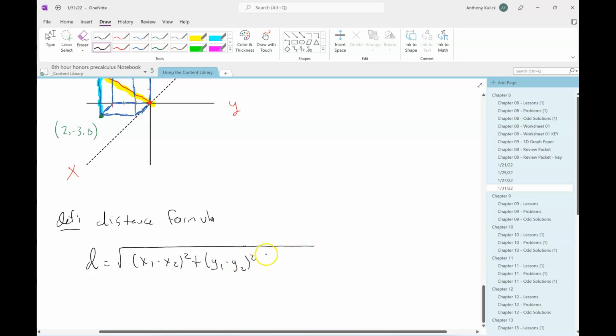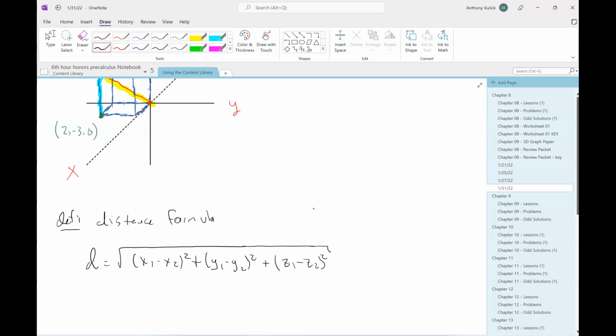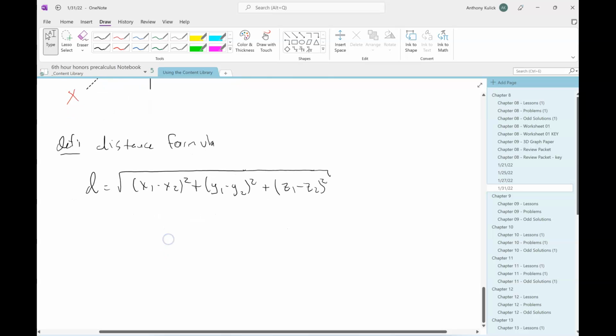But now we have this third component, right? We have z components in 3 dimensions. But that's not a big deal because the distance formula would just add on a z component piece, and it's exactly like it was before. That's as nice as you could expect, right?